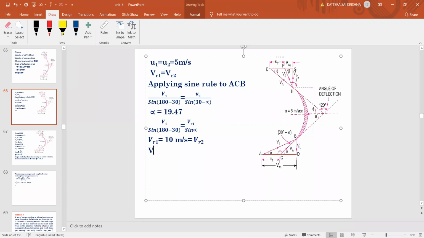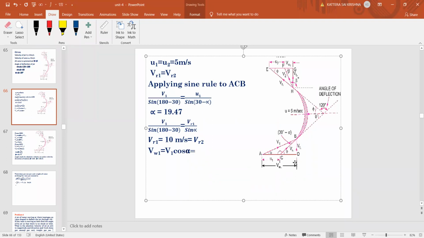VW1 is equal to V1 cos alpha. See here, VW1 is nothing but the horizontal component of V1, V1 cos alpha. Okay, so here you can find VW1.